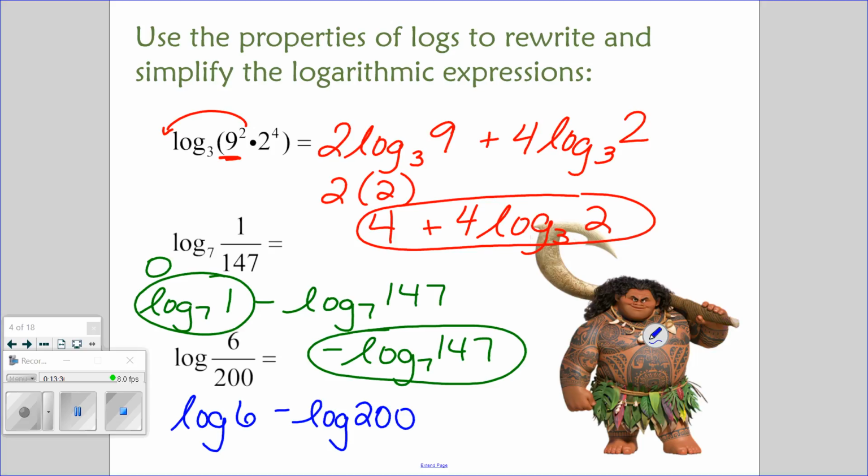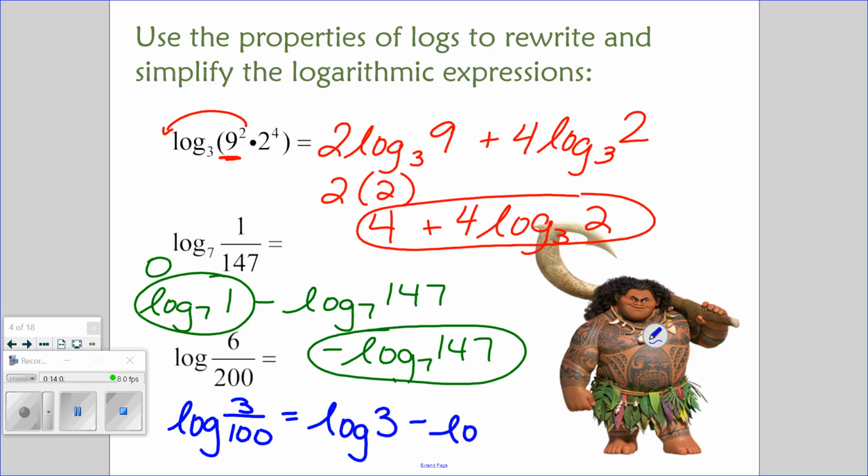Should I separate it like that first, or should I simplify it first? Was there a simplification you could have done before we split it? Yeah. Simplify your fractions. 6 over 200, how does that simplify? 3 over 100. So log of 3 over 100. Will that make it easier to simplify on the next step? Yeah. So that becomes log of 3 minus log of 100.